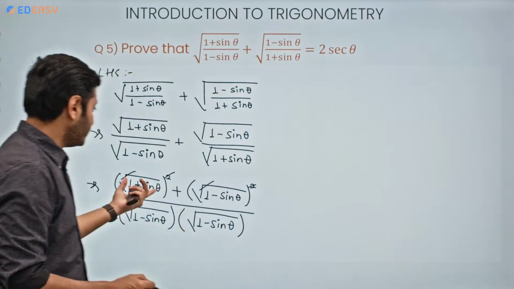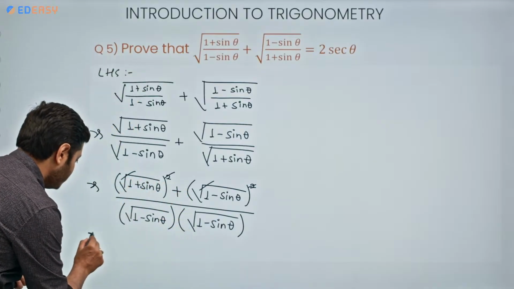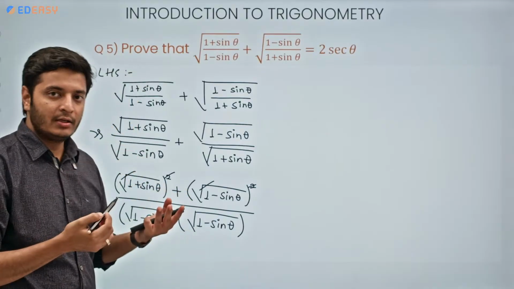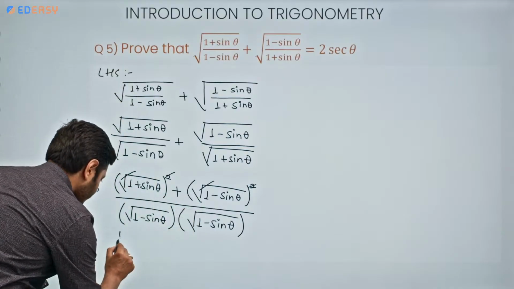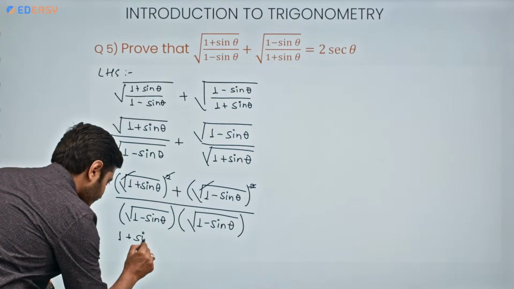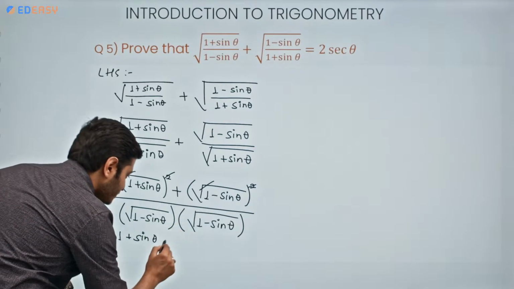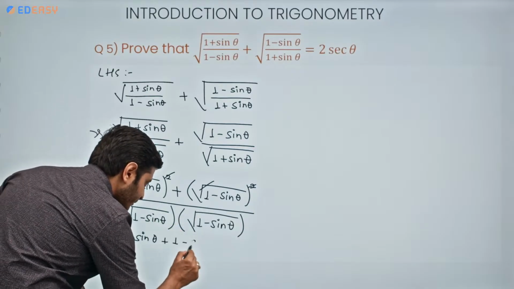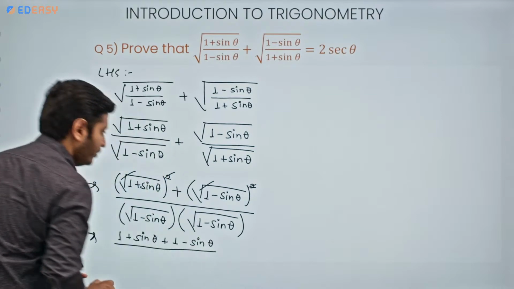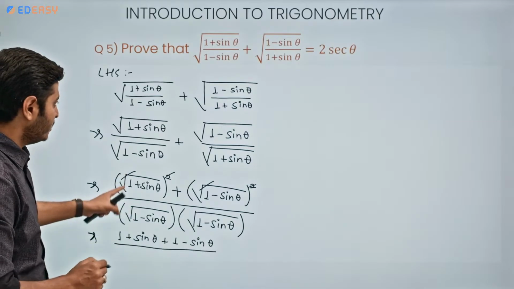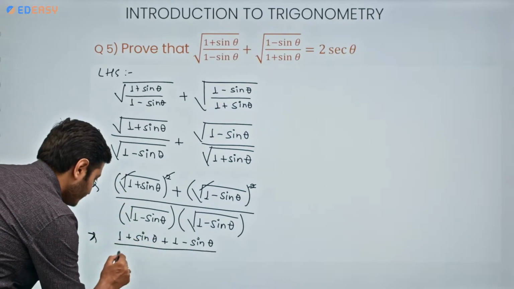So what are we left with now in the numerator? 1 plus sine theta plus 1 minus sine theta, divided by this value.